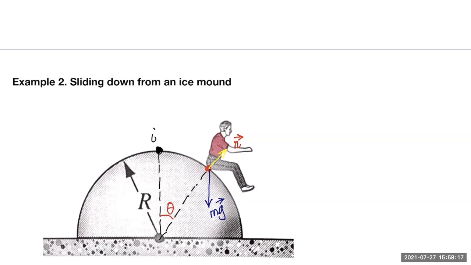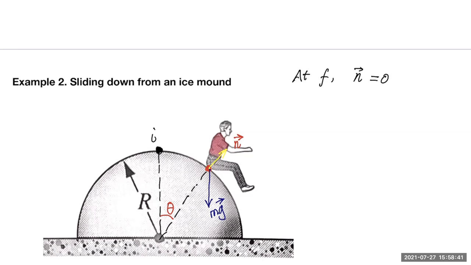And he's leaving contact, so what's that force equal to the moment he leaves the contact? That's 0, isn't it? So you don't have that normal force anymore. So at the final point, N equals 0. This is something you've got to realize.